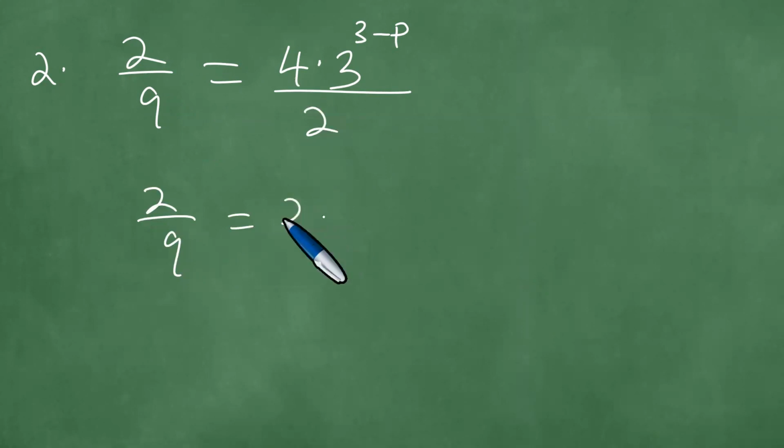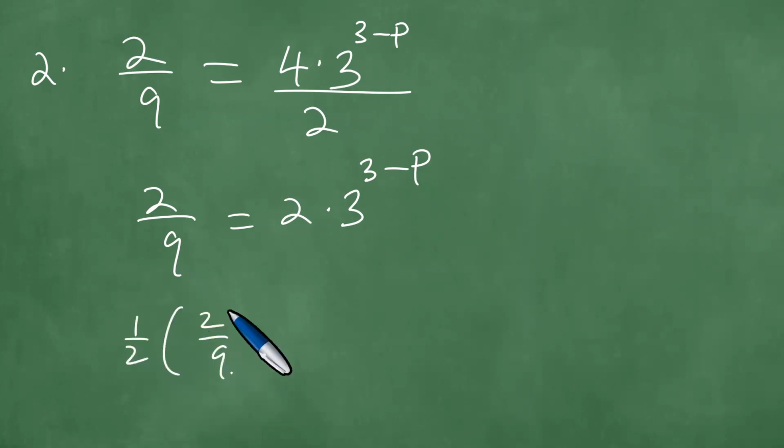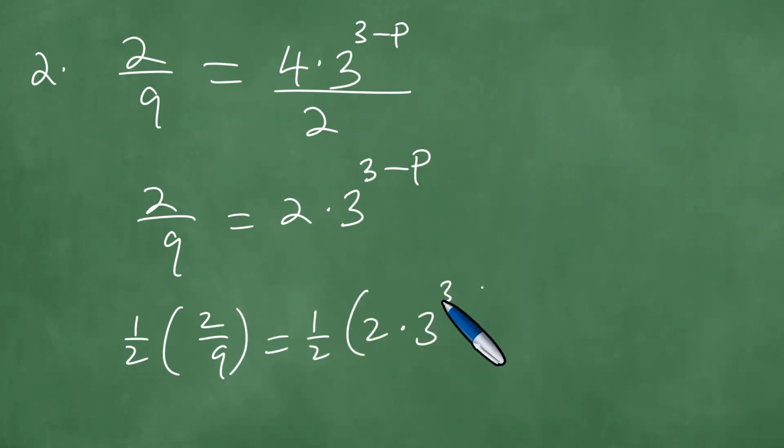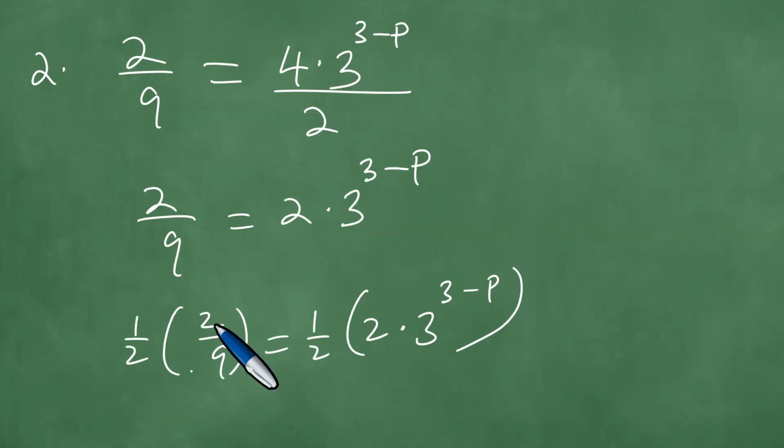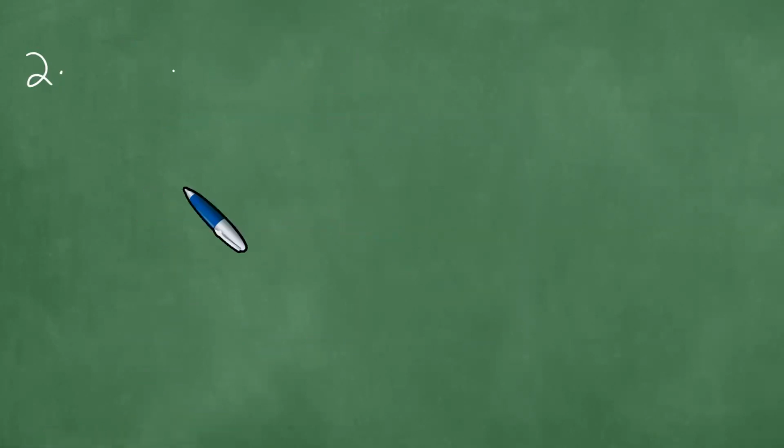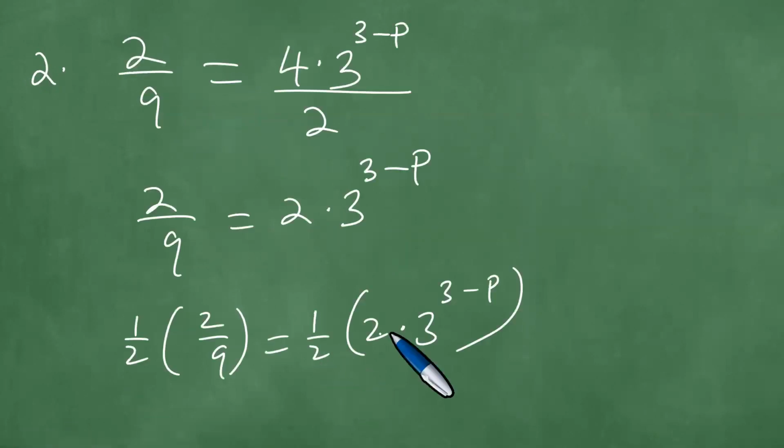Divide 4 by 2 and get 2. At this point, you can multiply the left by 2 over 9 and multiply the right by 1/2. So now these two cancel, giving us 1/9, and then the 2 cancels, giving us 3 to the power 3 minus p.